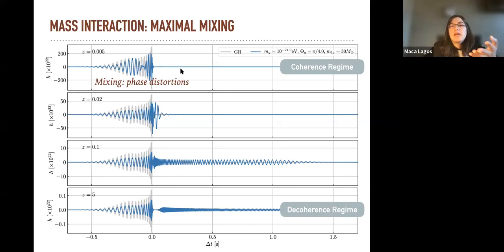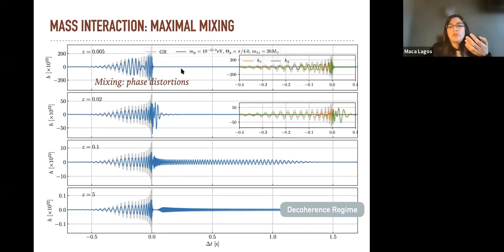And as I was saying, this happens because the two modes are interfering with each other, which can be seen here. So here we are plotting separately the two propagating modes. The first one that we call H1, the second one H2, and the blue total signal is the sum of both. And here we can see that they have a different phase. There is a phase shift between the two modes, H1 and H2, that actually depends on the frequency.